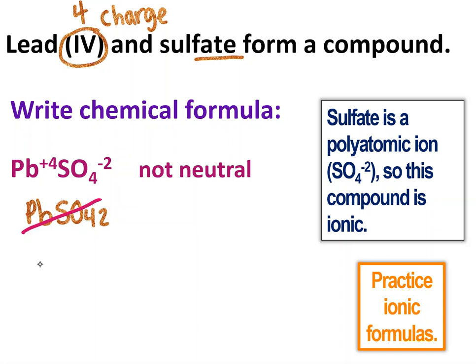Okay, what else might people do? Sometimes people go a little overboard and do something like this. That is neutral, but that's not right because it's not the lowest whole number ratio.